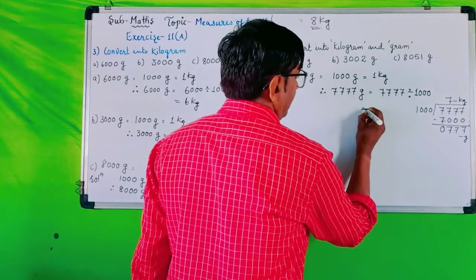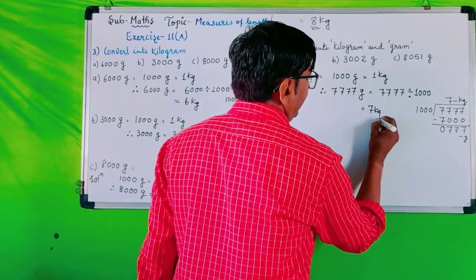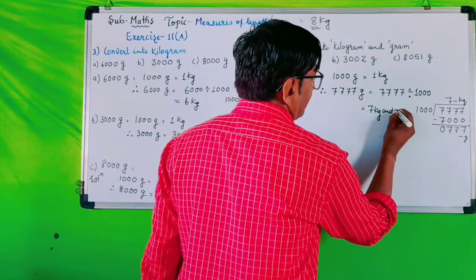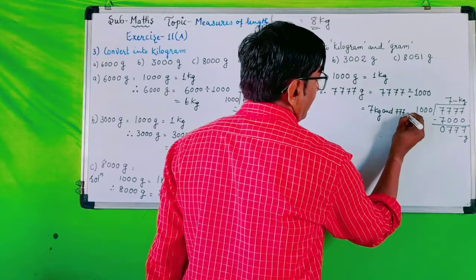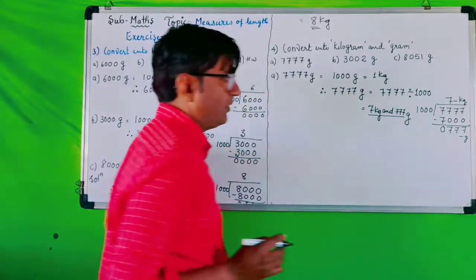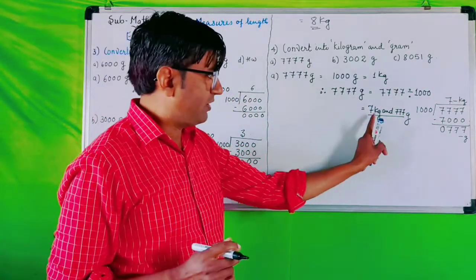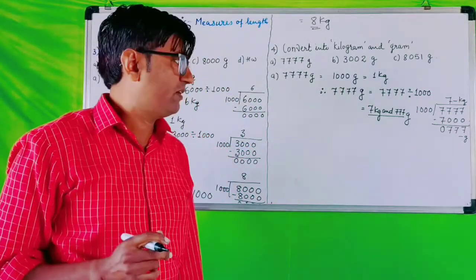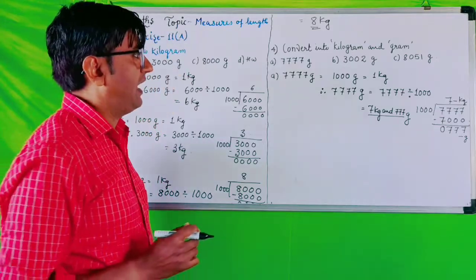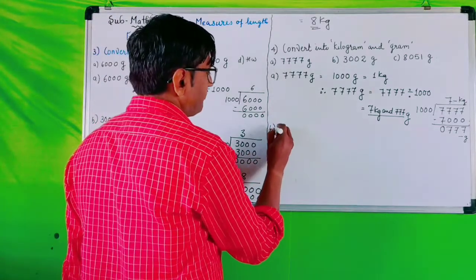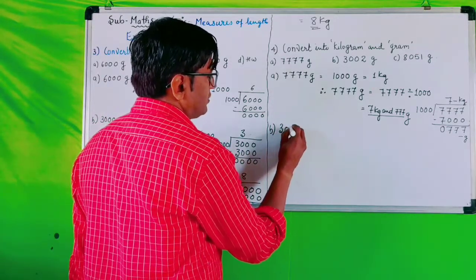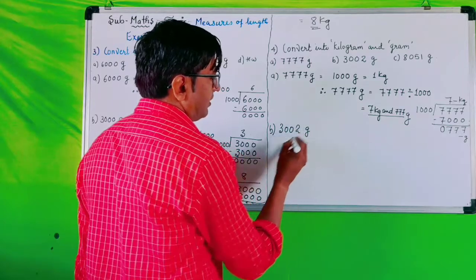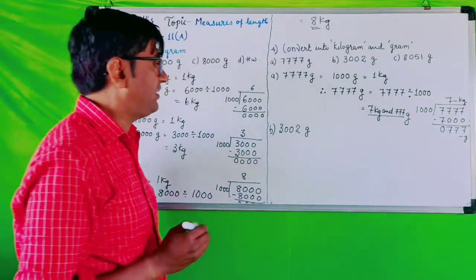So I will write here 7 kg and 777 gram. Okay, children, 7 kg and 777 gram.